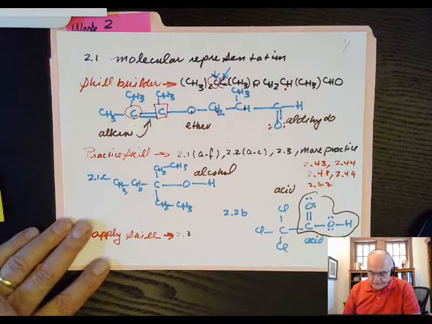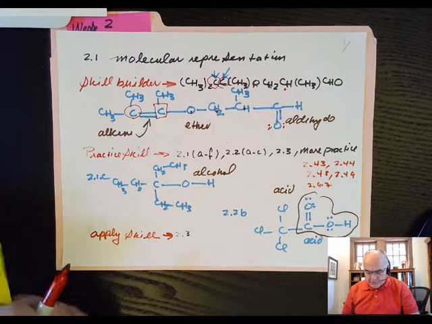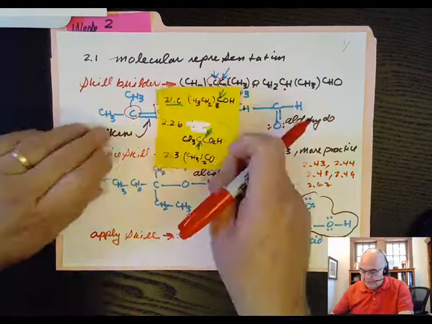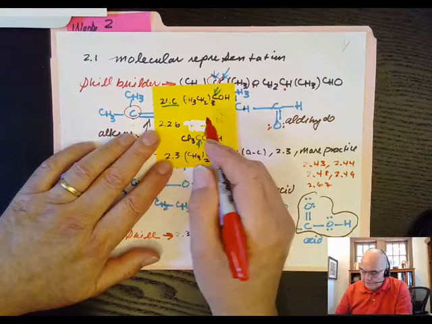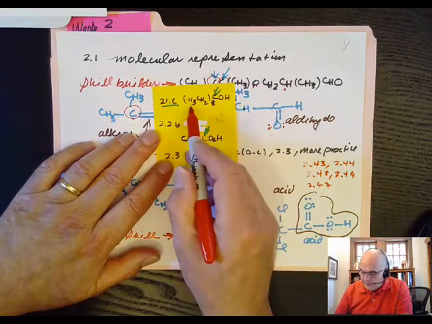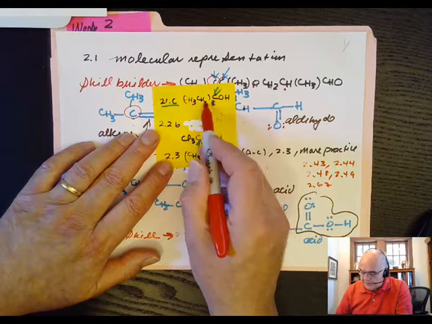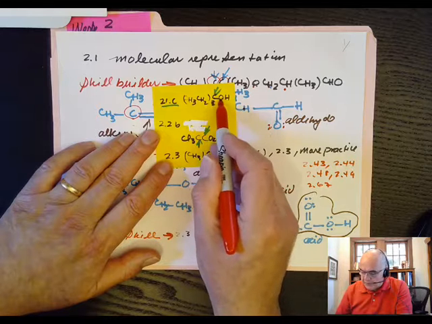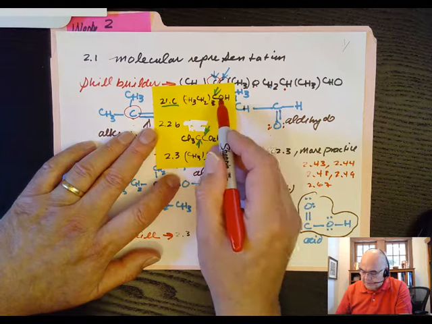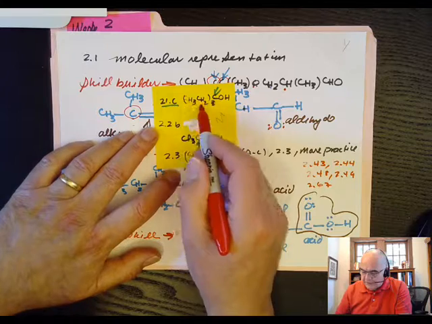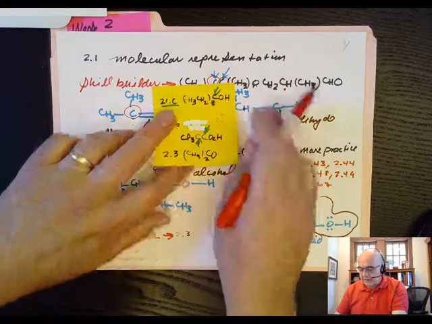Now, if you look at problem number 2.1c, which in the previous presentation I wrote on a post-it note, we have CH3, CH2 in parentheses 3 times, carbon OH. This carbon has four bonds. One is O, and three of them are these groups, which we call ethyl groups.